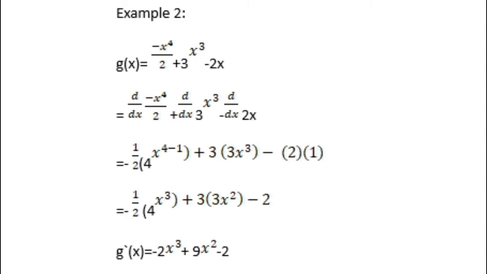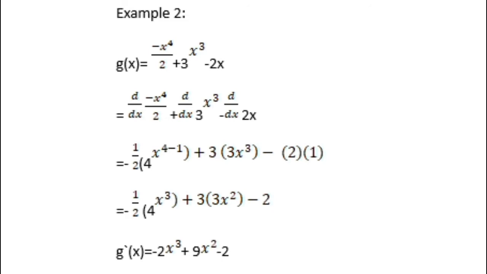So now we distribute the derivative of each term. d over dx of negative x raised to the power of 4 over 2 plus d over dx of 3x cubed minus d over dx of 2x. And now we pull out the negative 1/2 because the constant multiple rule applies.